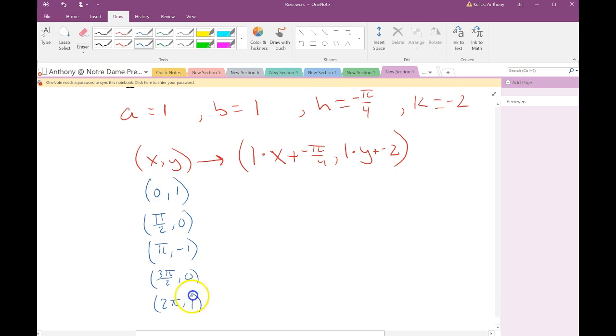If you have cosine, you always use the same 5 key points for every cosine, and the same 5 key points for every sine. But the key points for sine and cosine are different, right? Everybody's good so far? And then what do we do with this? Just plug them in.